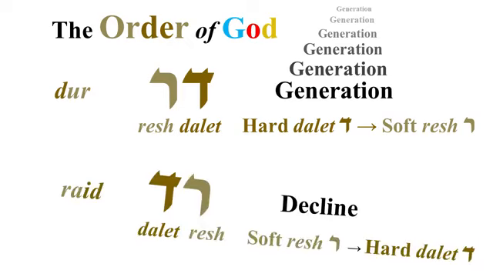Versus, if you start with a soft resh, and then try to rein it in with a hard dalet. You ever have kids and you just let them go wild, and then once they've gone wild, try to rein them in with hard rules, and you must, that's impossible, okay? And things will go in decline.